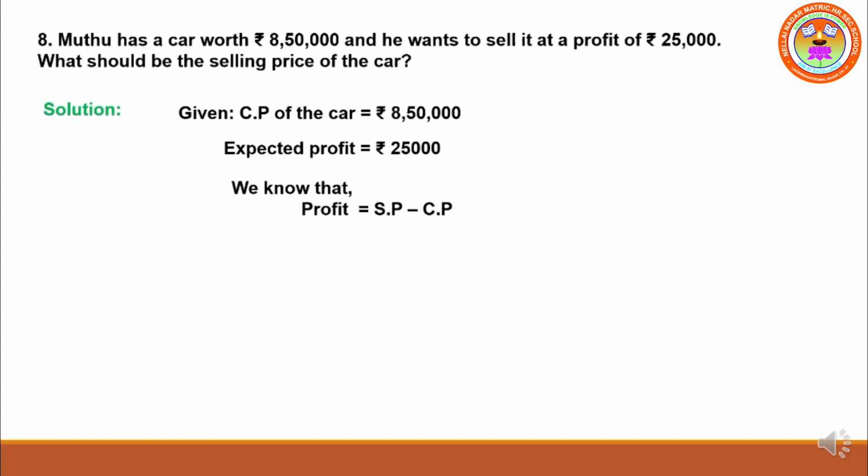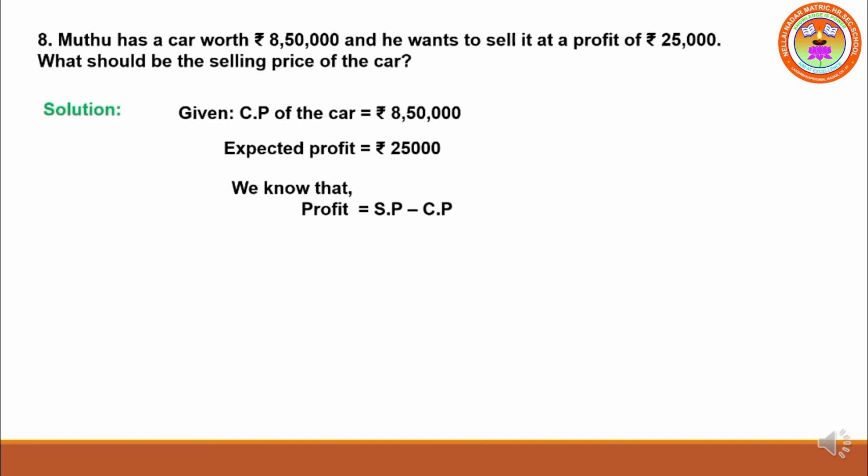Okay. So since he is expecting a profit, we have to use the profit formula to find what is the selling price. Yes or no? So using the profit formula, that is profit is equal to SP minus CP. Here we are going to substitute the values of profit and CP.